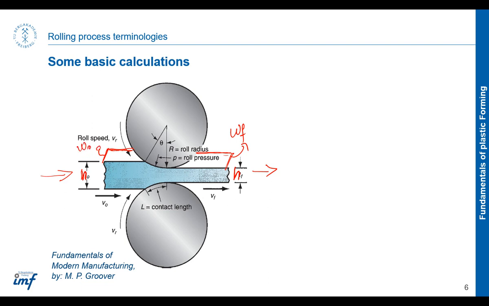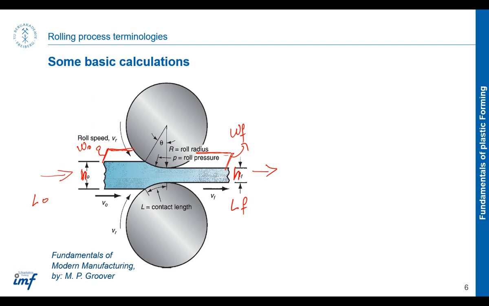Before rolling the length of the billet will be L0, and after rolling the length of the billet will be the final length. Of course when we are rolling it, we are reducing the height, so the length of the sheet or the billet will increase during the rolling process.